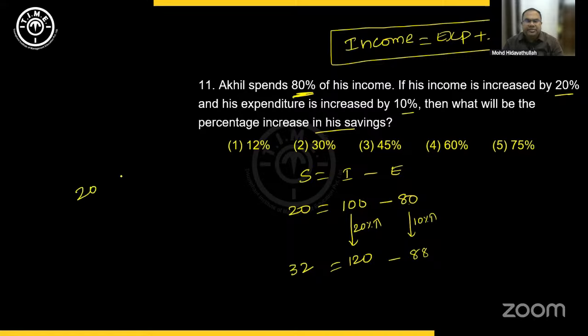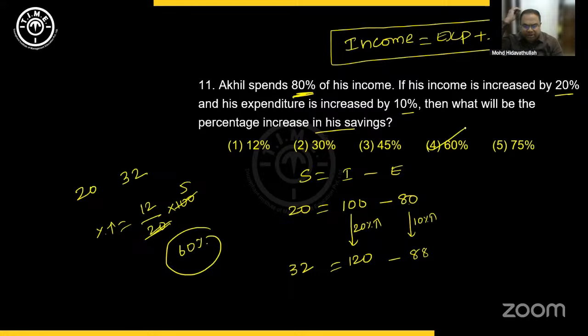Percentage increase in savings, 20 has become 32. Difference 12 by 20 into 100, 60%. 60% is choice 4.